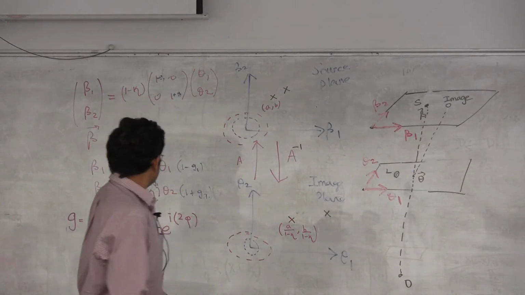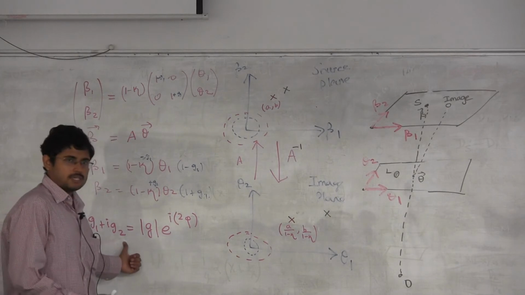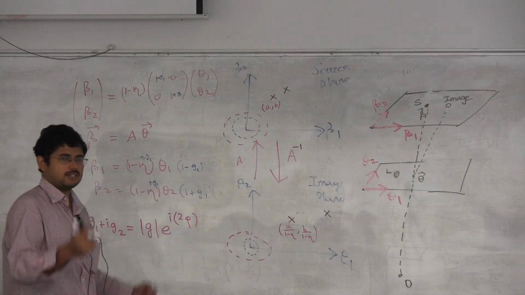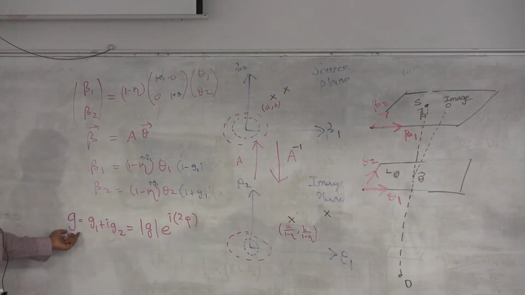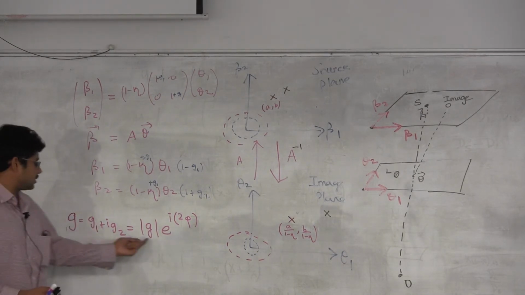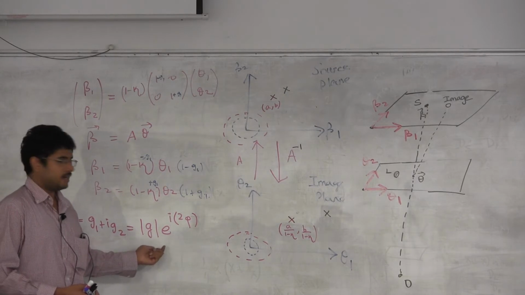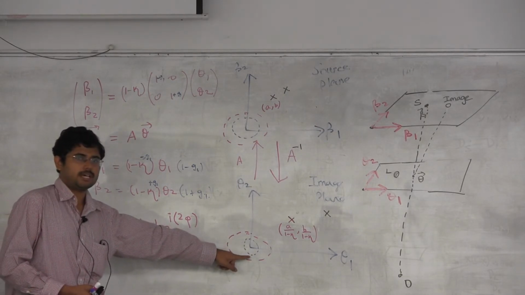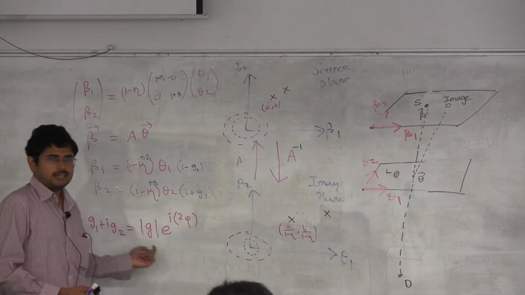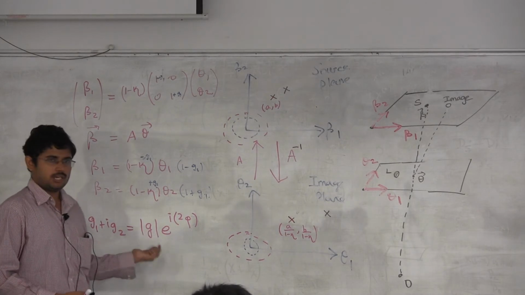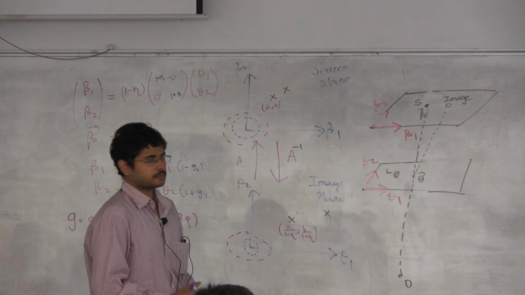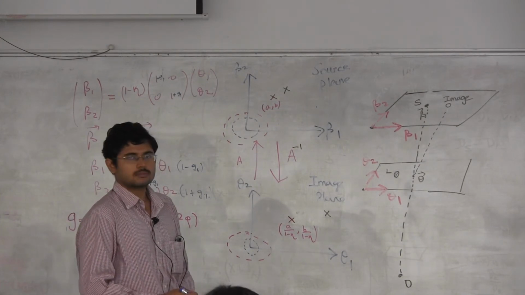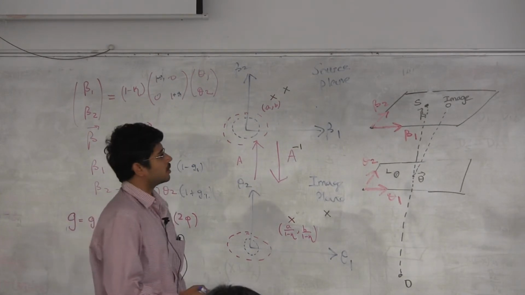So G2 is to be seen as something that changes the direction, and you can see that the magnitude of this complex number G tells how distorted or how elliptical this becomes. The individual components G1 and G2 will tell the orientation of the ellipse itself. Is this clear so far?